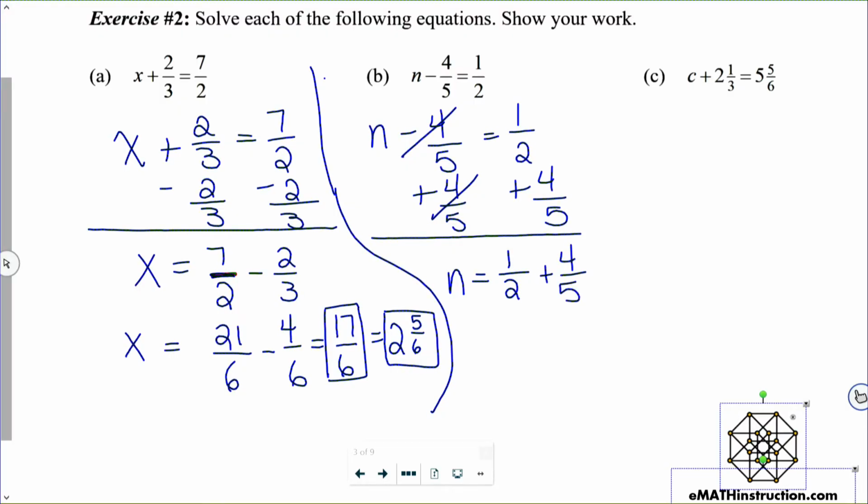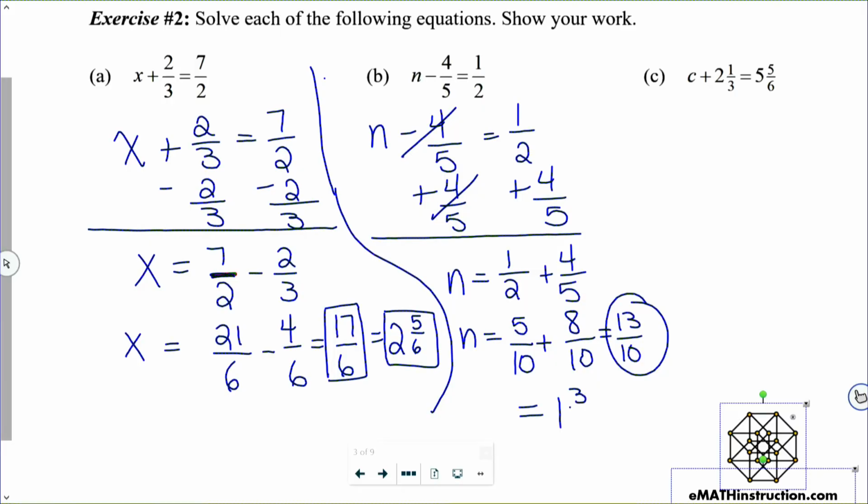Just like before, we're going to have to get a common denominator, which in this case is tenths, right? So 1/2 can be rewritten as 5/10. 4/5 can be written as 8/10, and when I add them together, we get 13/10, which again is probably an okay way to leave your final answer. But if we wanted it in mixed number form, it would be 1 and 3/10.